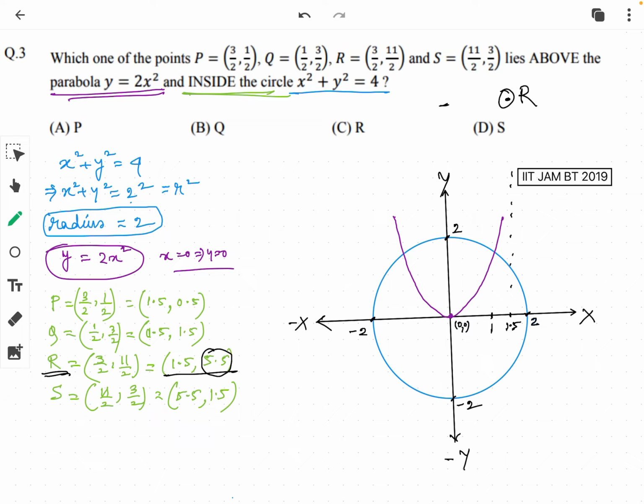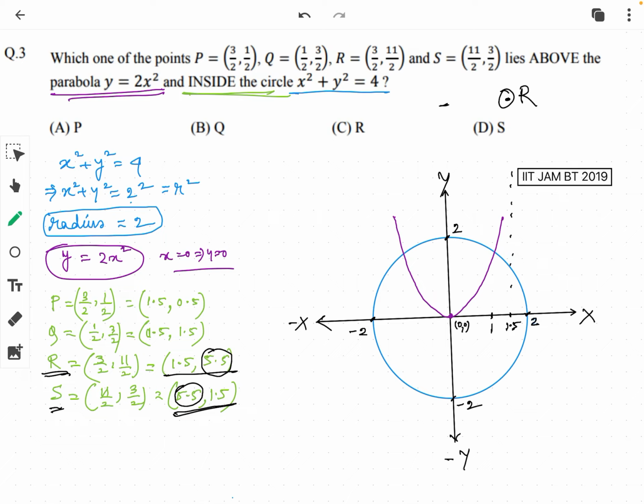Okay, now next is S, the point S, which is 5.5 comma 1.5. Similarly, it cannot be inside the circle because here x is equal to 5.5.